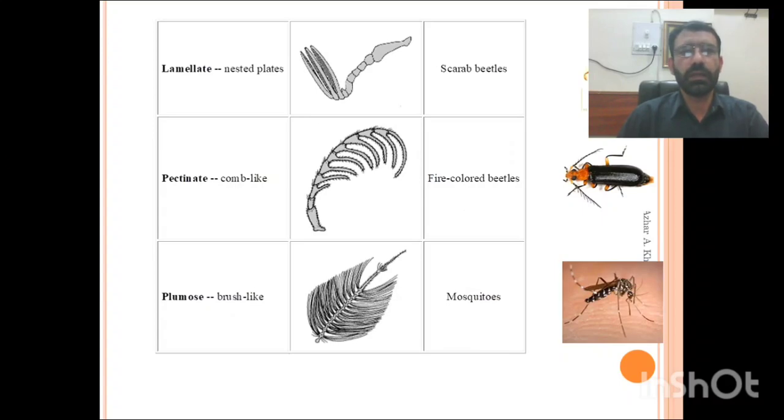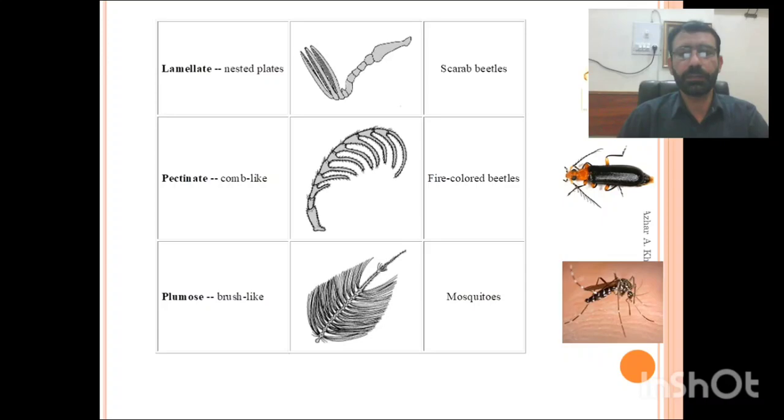Then the scarab beetle has nested plates, like laminated sheets, so it is called the lamellate antenna. Then the fire-colored beetle has an antenna that looks like a comb, called pectinate.